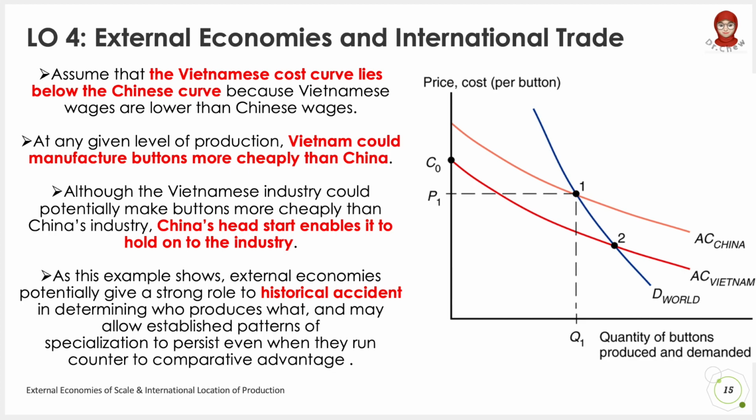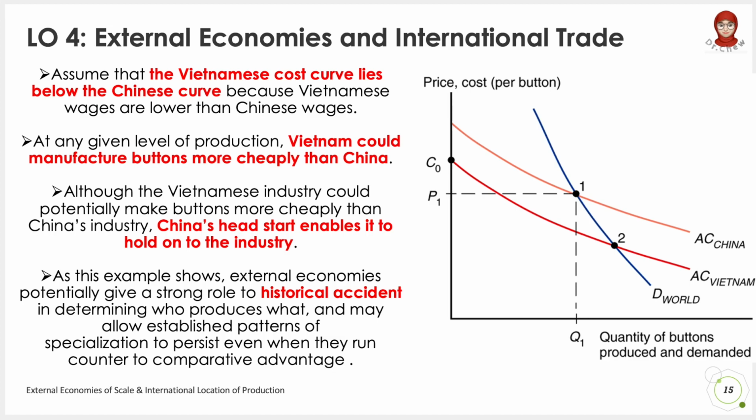Now, introduce the possibility of Vietnamese production. If Vietnam could take over the world market, the equilibrium would move to point 2. However, there is no initial Vietnamese production, that is, Q equals 0. Any individual Vietnamese firm considering manufacture of buttons will face a cost of production of C0.